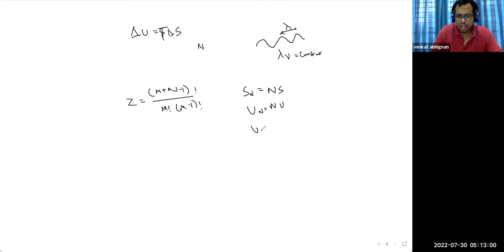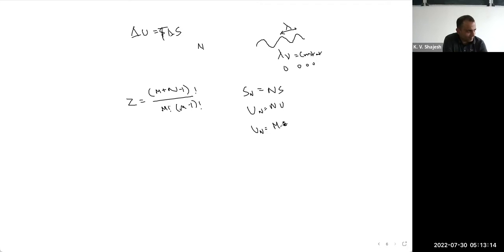And also I'll be taking the total sum to be some energy times epsilon. Epsilon will be the individual energy of all these light particles, and M is the total sum.